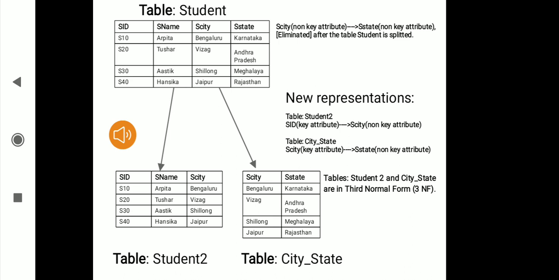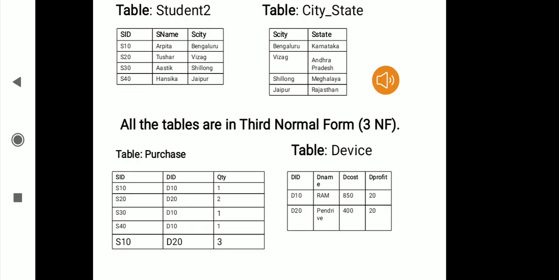As a result, transitive dependency has been eliminated and the tables are in third normal form. After the table student has been split into student 2 and city state, the tables are in third normal form.